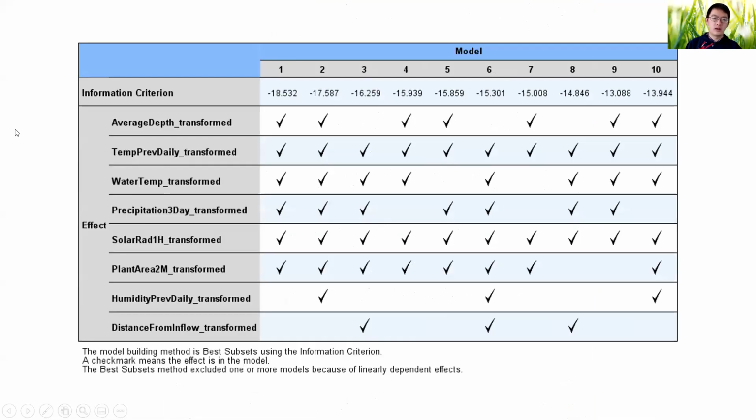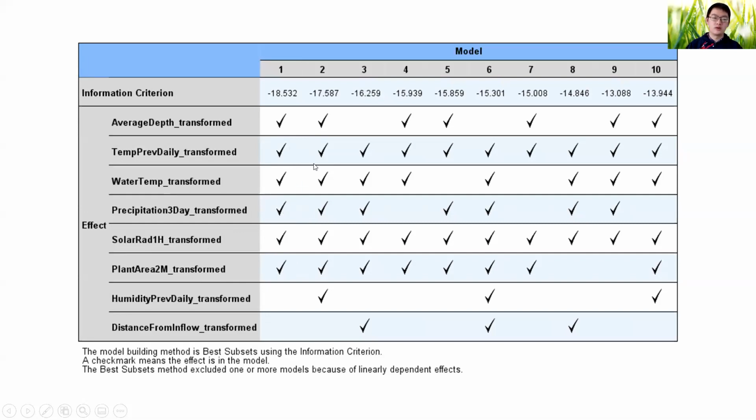And then we plugged our predictor variables into SPSS's automatic linear modeling function, and we cycled our different predictor variable timings through to find the ones with the lowest information criterion value. And then we used best subsets to find the strongest predictors.